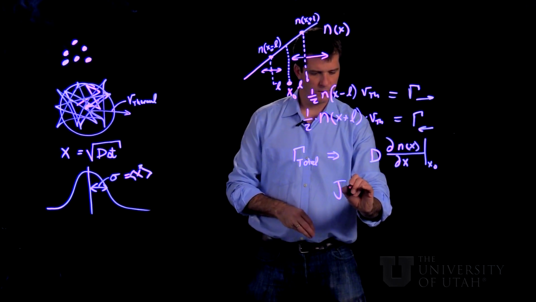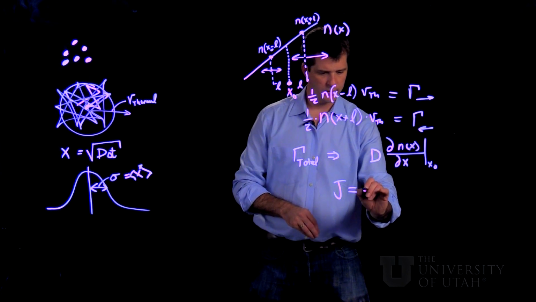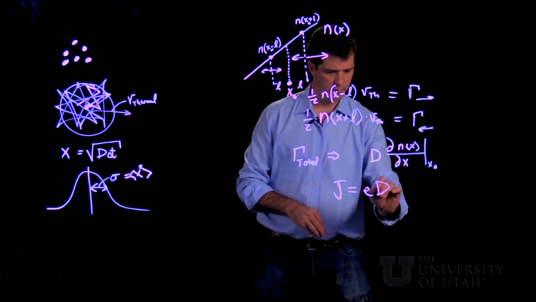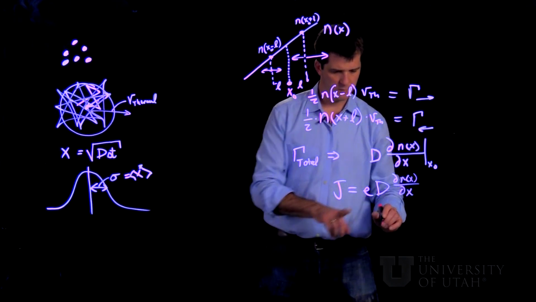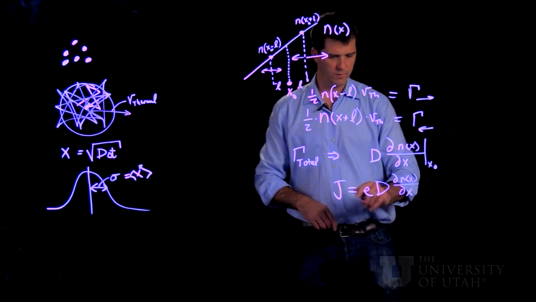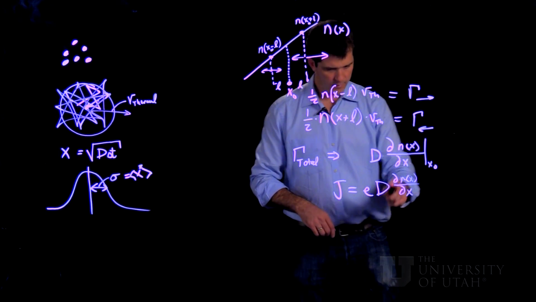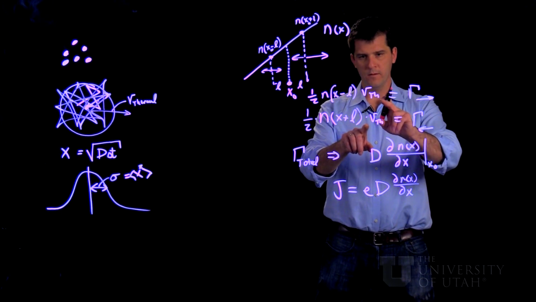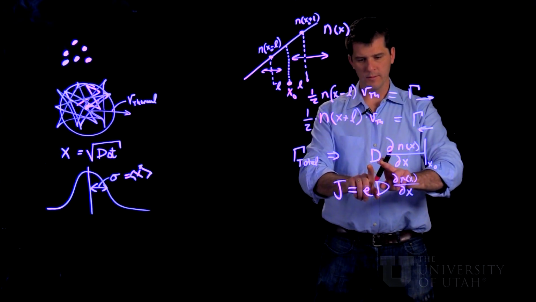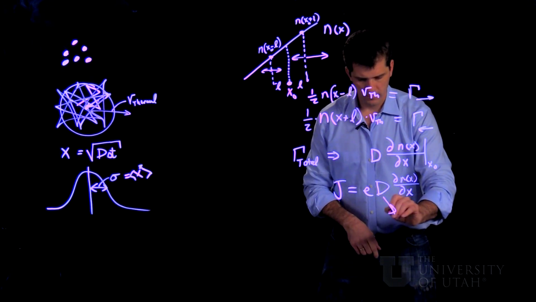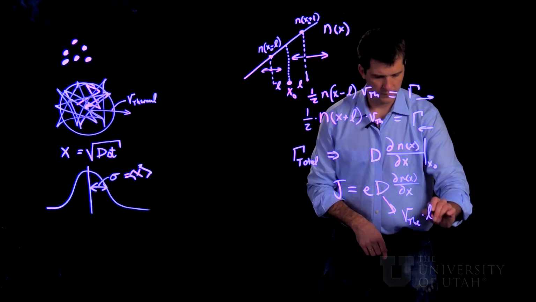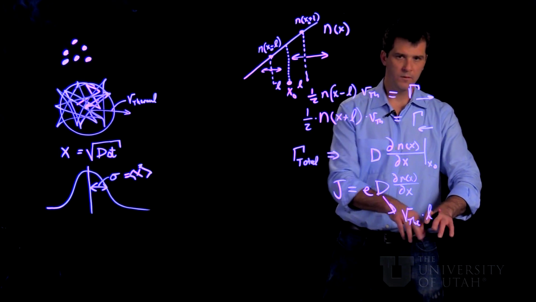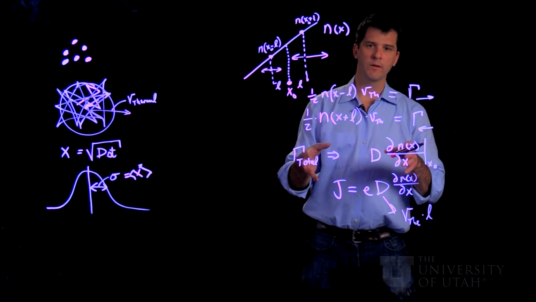We can then relate the particle flux to the current by introducing the electron charge, the charge per electron. And when you look at the origin of this diffusion coefficient, it's going to be the thermal velocity times some distance L, which is somewhere on the order of interatomic spacings up to the mean free path.